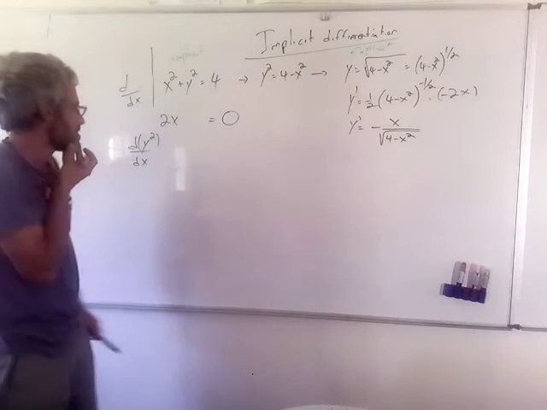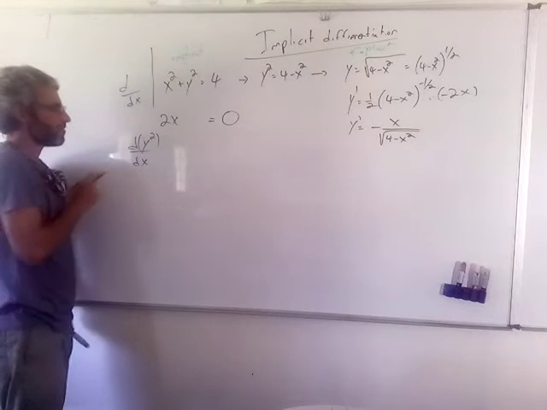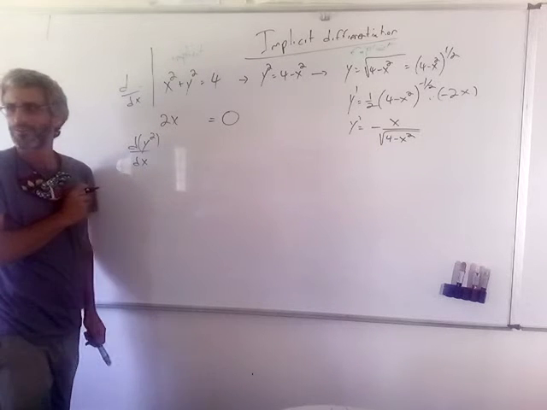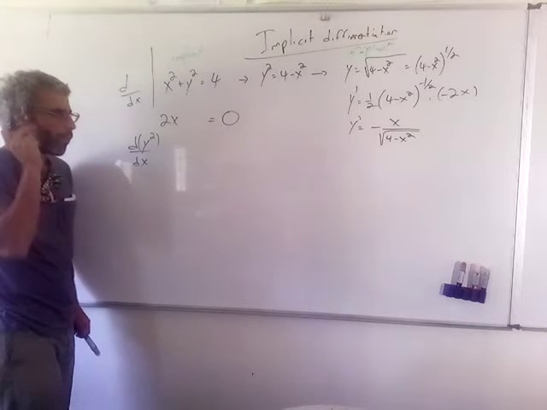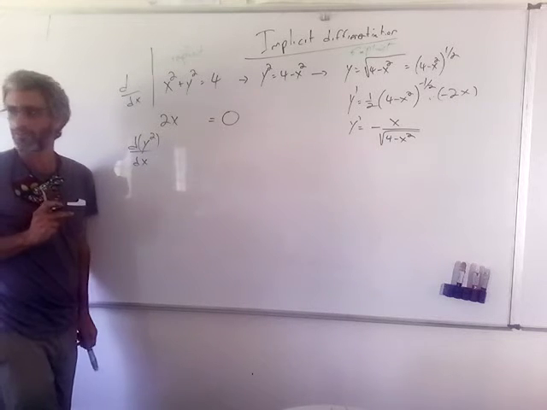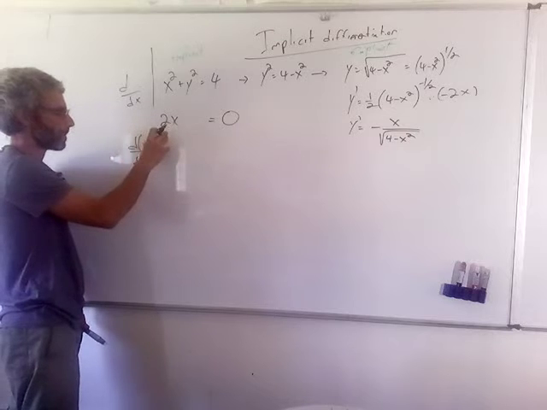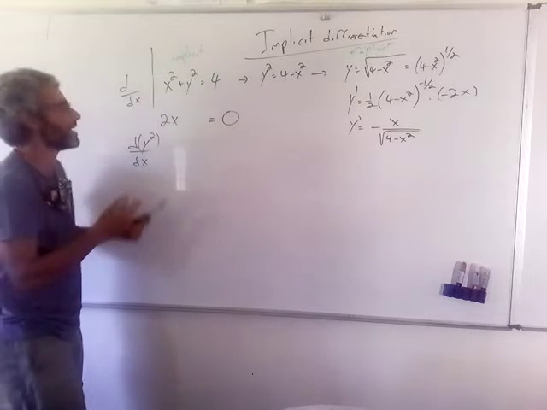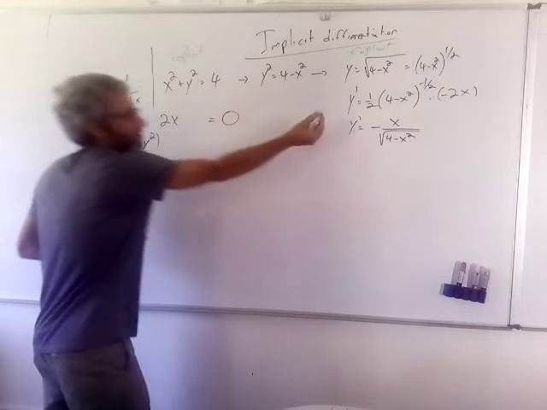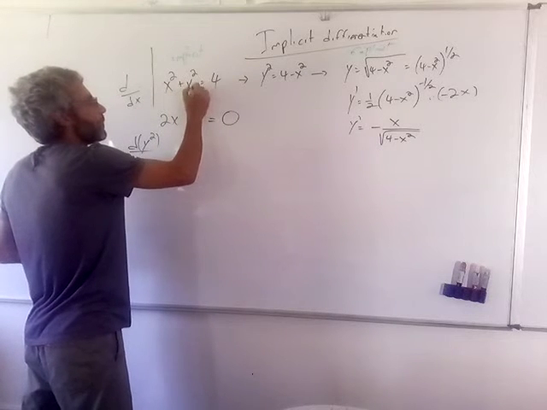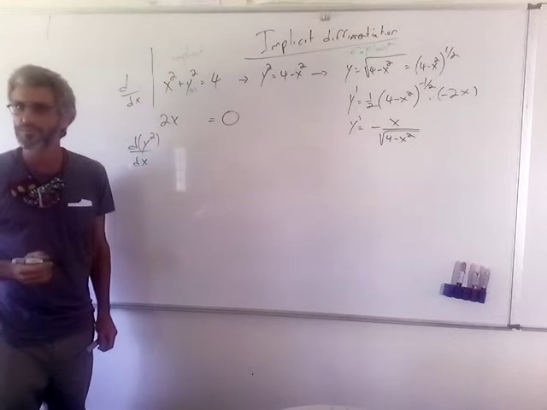Okay. Yeah? So what's the derivative of y squared with respect to x? We've got to use the chain rule here again. We've got a function of a function. I mean, I don't even know what y is. Maybe I should have told you in the beginning. I don't know what y is. I'm trying to find out what it is. But I know it's a function of x.